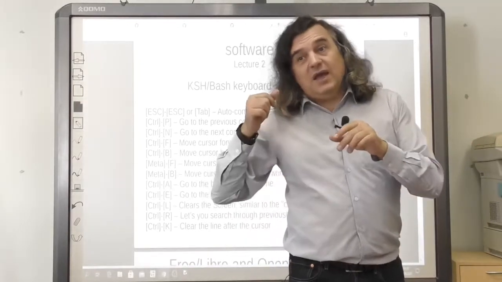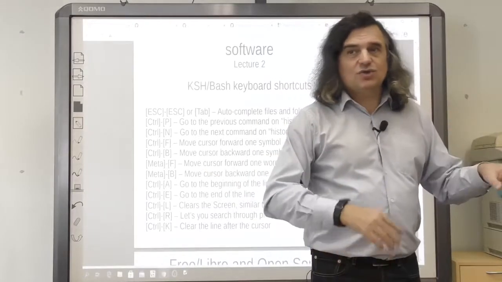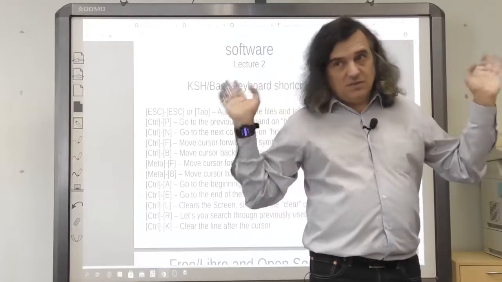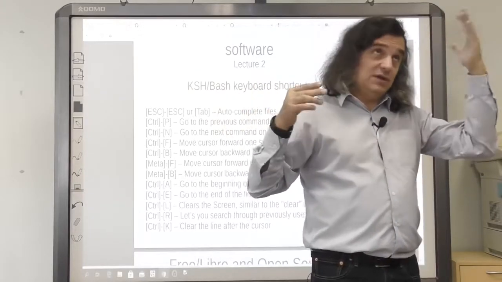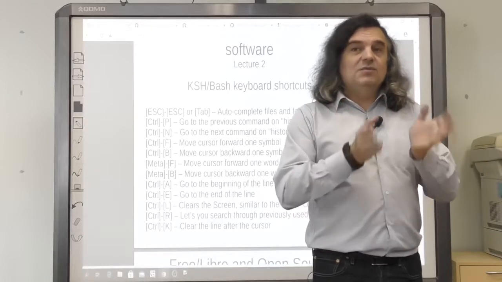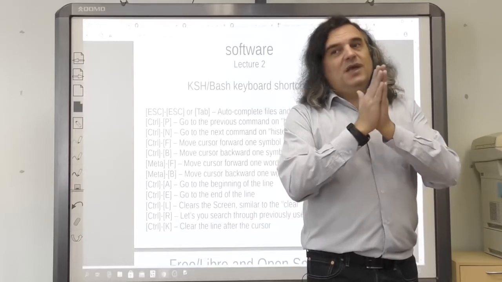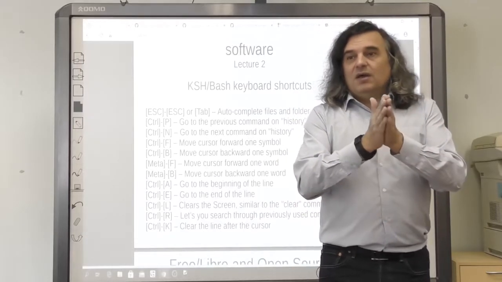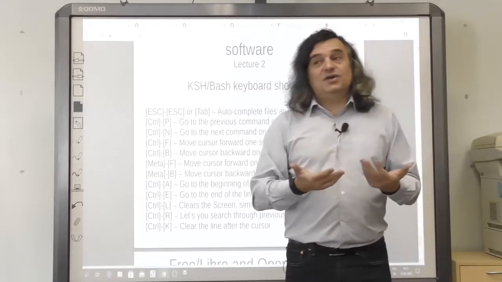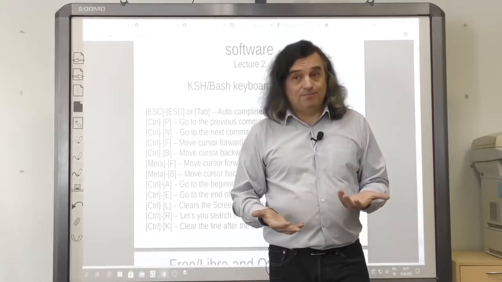Of course, we can use file management interfaces like graphical file managers or text file managers like Midnight Commander, reminiscent of the classic Norton Commander. But as we can see, in most cases the auto-completion mechanism makes navigating the file system faster and easier if you know what you are looking for.